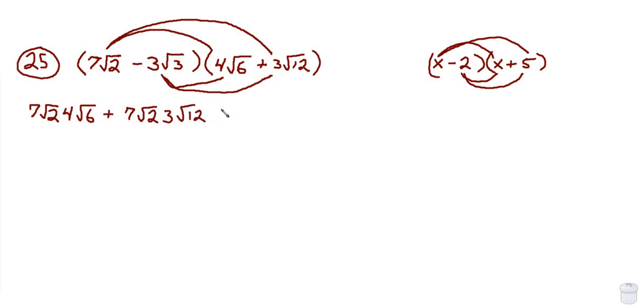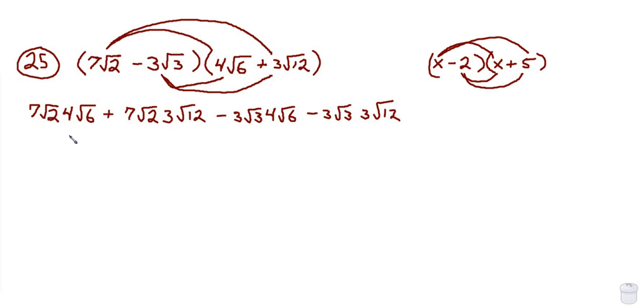And then I have negative 3 square roots of 3 times a positive 4 square roots of 6, and then negative 3 square roots of 3 times 3 square roots of 12. Okay.